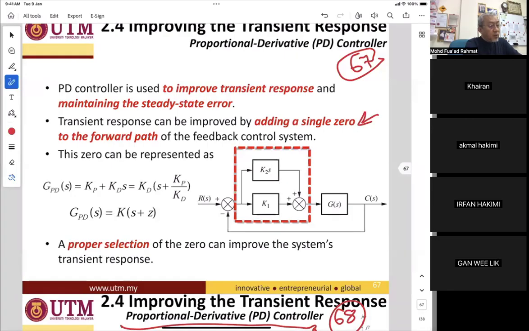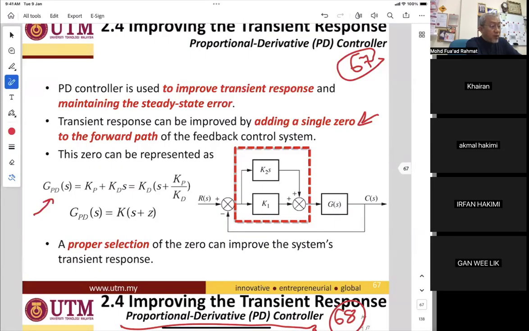So this zero can be represented as G_PD, the transfer function of a PD controller, equal to Kp plus Kd s, which is equal to Kd multiplied by (s plus Kp/Kd). Meaning that we add one zero to the whole transfer function.